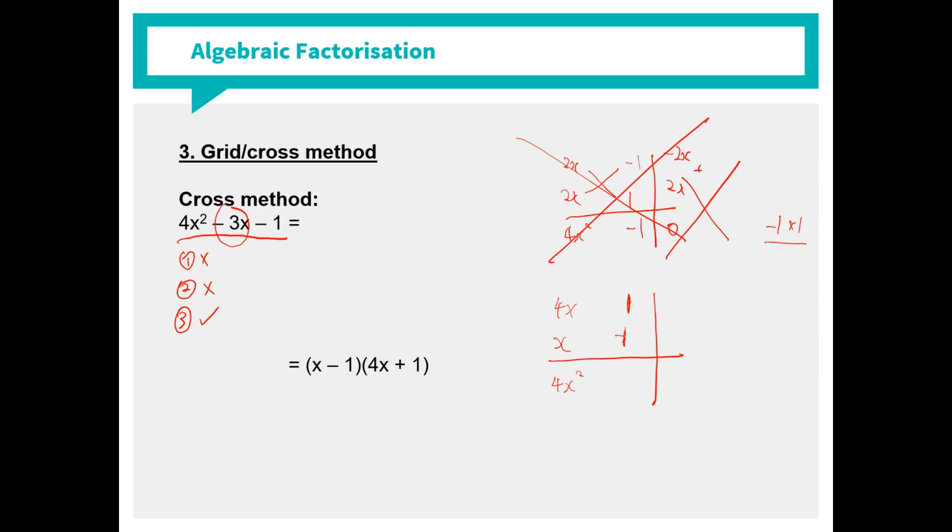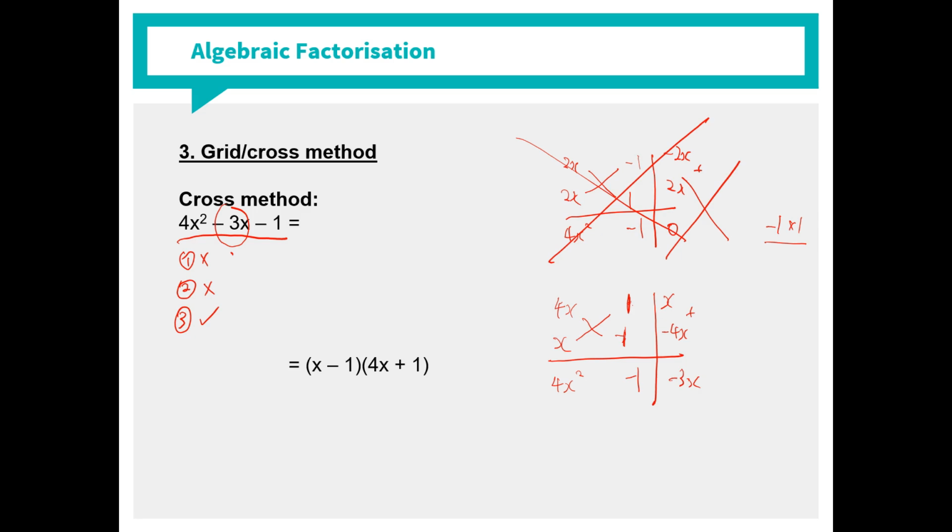Negative 1 times 1 gives negative 1, that's correct. Let's cross multiply. x times 1 gives x. 4x times negative 1 gives negative 4x. Add them together. Do we get the middle term of negative 3x? Yes. So this is how you do it.